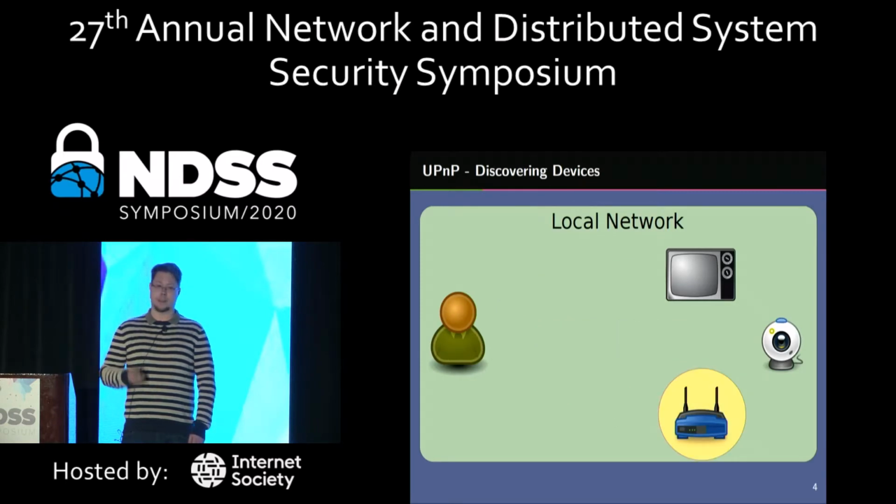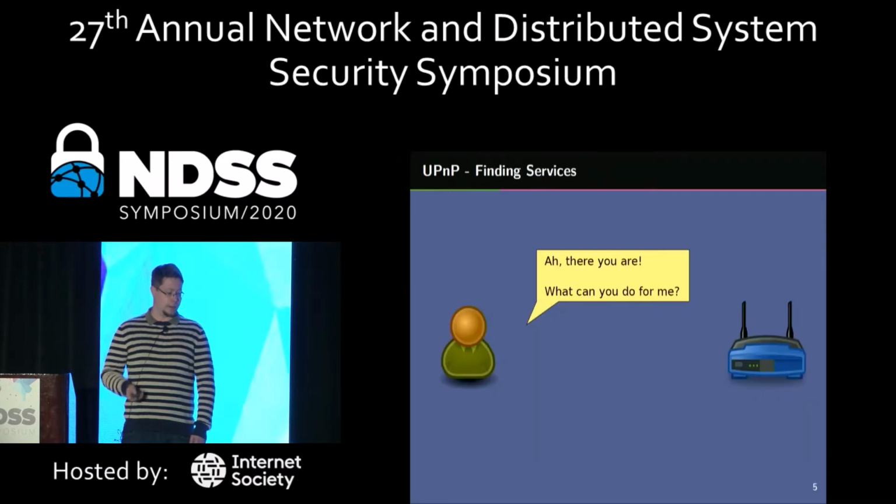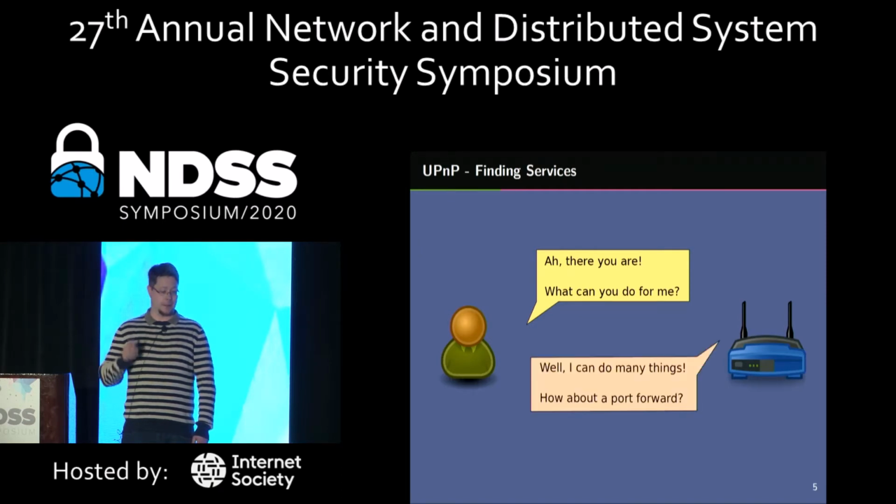We are interested in gateways in this talk. We can simply ask a gateway, could you show what sort of services you are providing to us? As an answer you will get a list of services and a list of endpoints you can use to control this gateway.